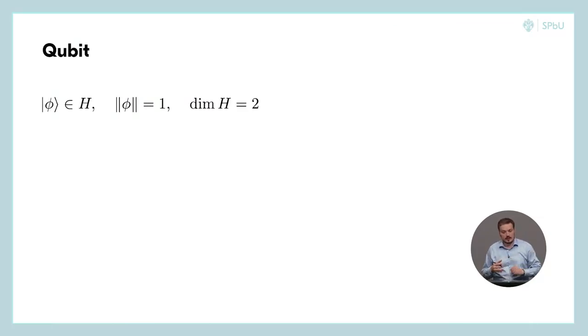Now, the advantage of having this dot product of two vectors is the possibility to define the angles in the space. You probably remember that for Euclidean space, this expression, the dot product of two vectors divided by the length, is the cosine of the angle between these two vectors.